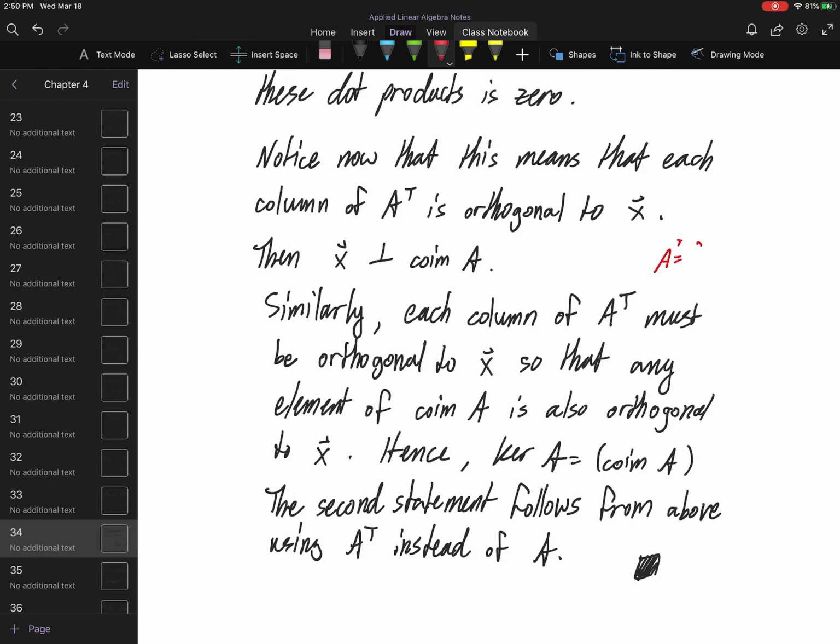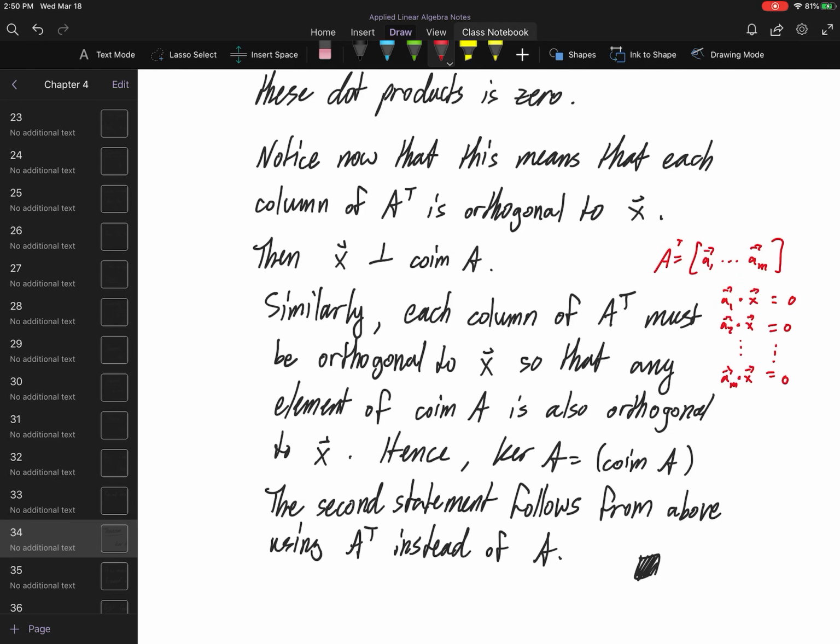If you are orthogonal to X, that means that if A transpose is equal to A1 all the way down to AM, then each of these, A1 dotted with X, A2 dotted with X, all the way down to AM dotted with X, all of these are 0.